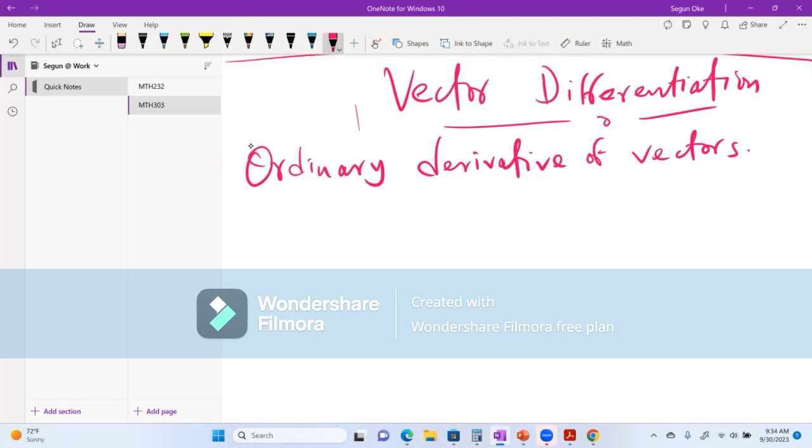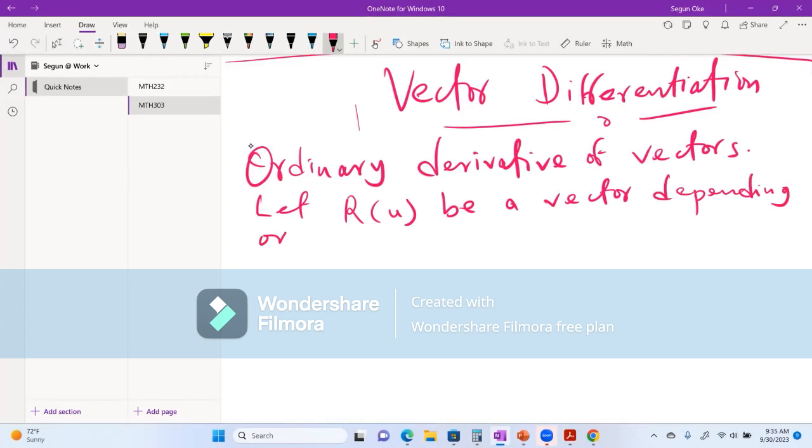Let R of u be a vector depending on a single scalar variable, call it u.